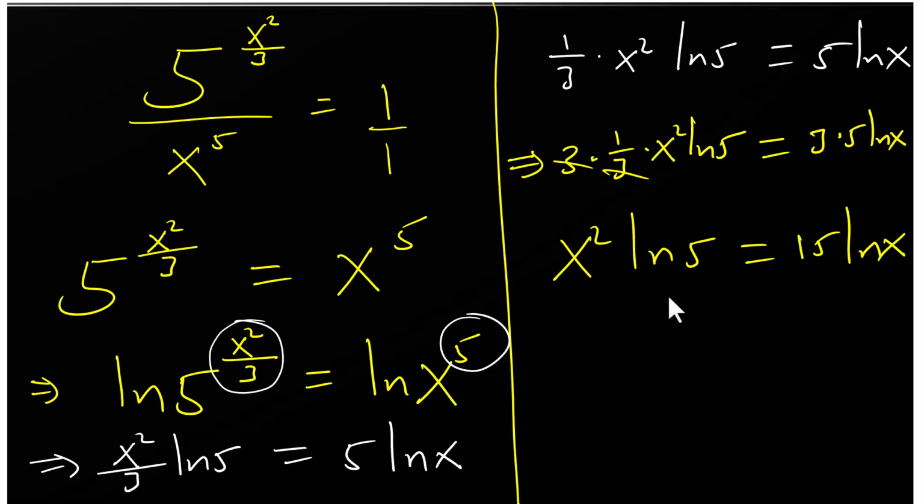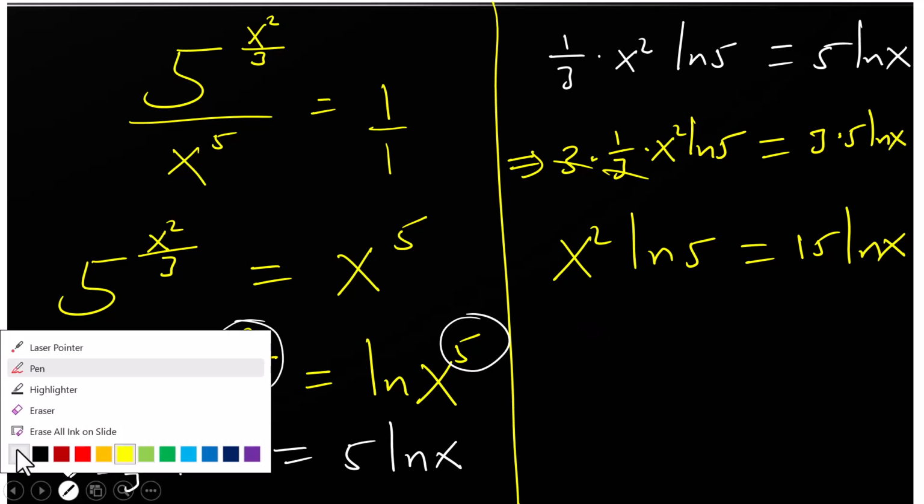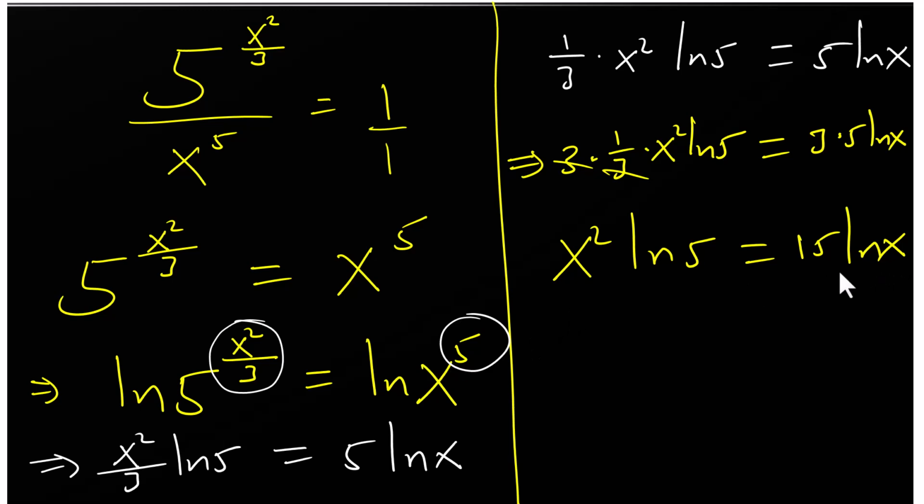Okay, now the next thing is to group the ln of x and the x squared on one side. Now the idea is to pave way for the Lambert W function, because we are going to solve this with the help of Lambert W function. What we are going to do here is very simple. Since I want x squared to come here, I'll divide both sides by x squared.